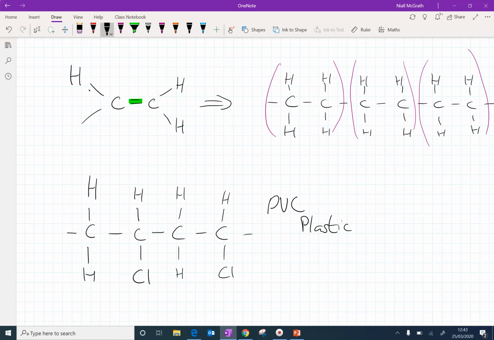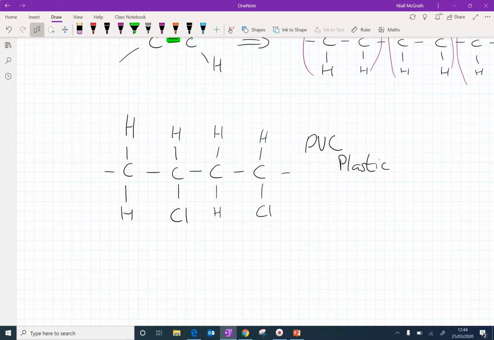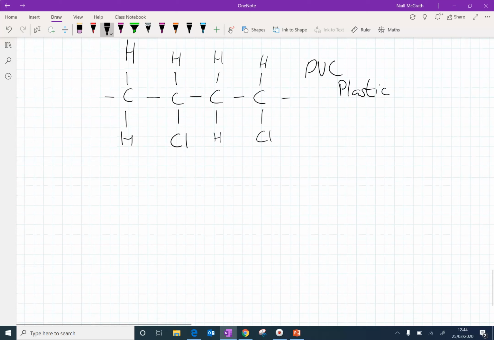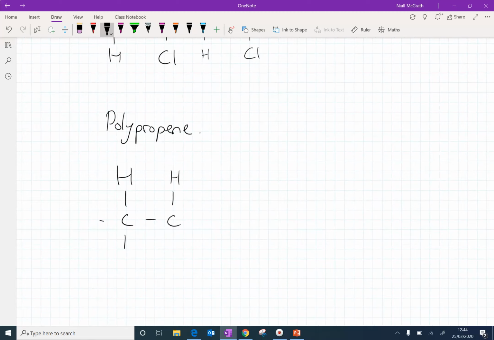And then the last one that we'll look at is polypropylene. If we just had 1 unit of it by itself, this isn't the structure of propene. This is if it is in the middle of a polymer.